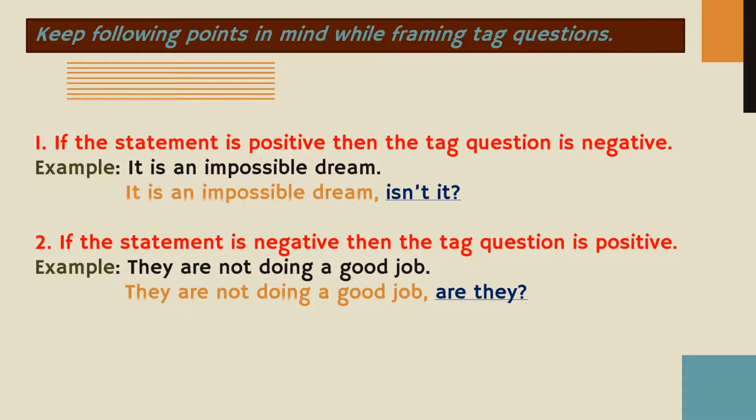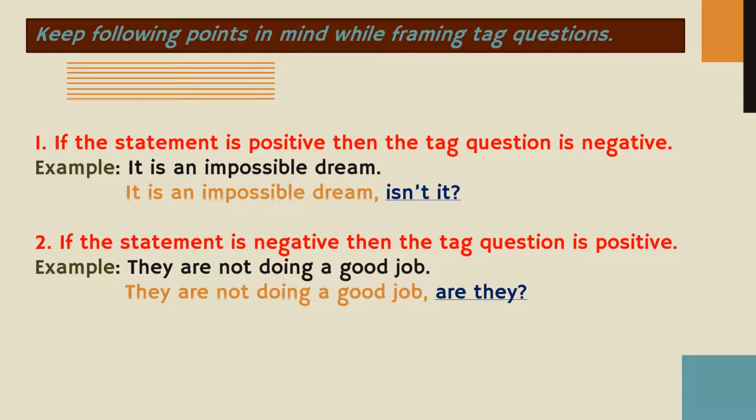Now, how do you come to know that a statement is a negative one? When the sentence contains words like not, no, nor, neither. Such words are said to be negative words.